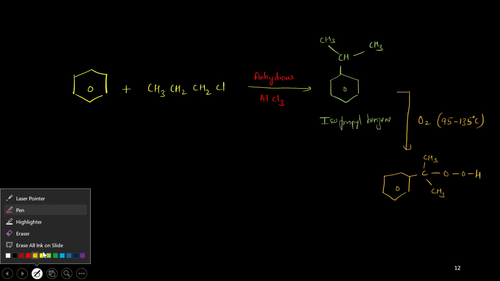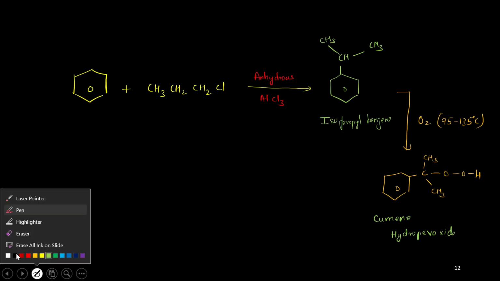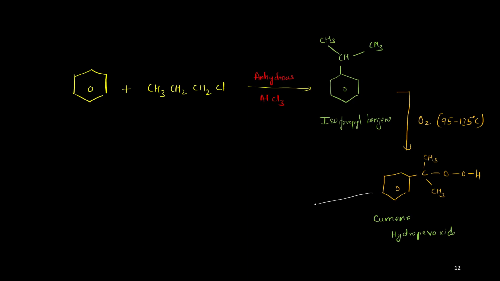We call this cumene hydroperoxide. This step we call oxidation. Now this will undergo rearrangement in the presence of acid, H3O plus, or you can also put it as H plus, at 50 to 90 degrees Celsius.